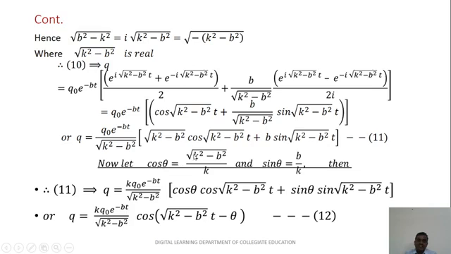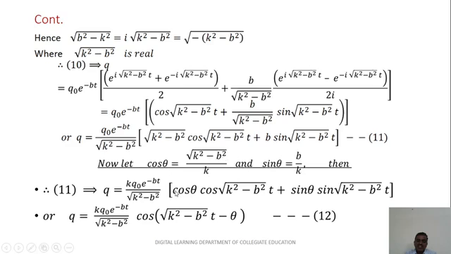Take cos theta as root of k square minus b square divided by k, and sin theta as b by k. So then root of k square minus b square is equal to k into cos theta, and b is equal to k into sin theta.